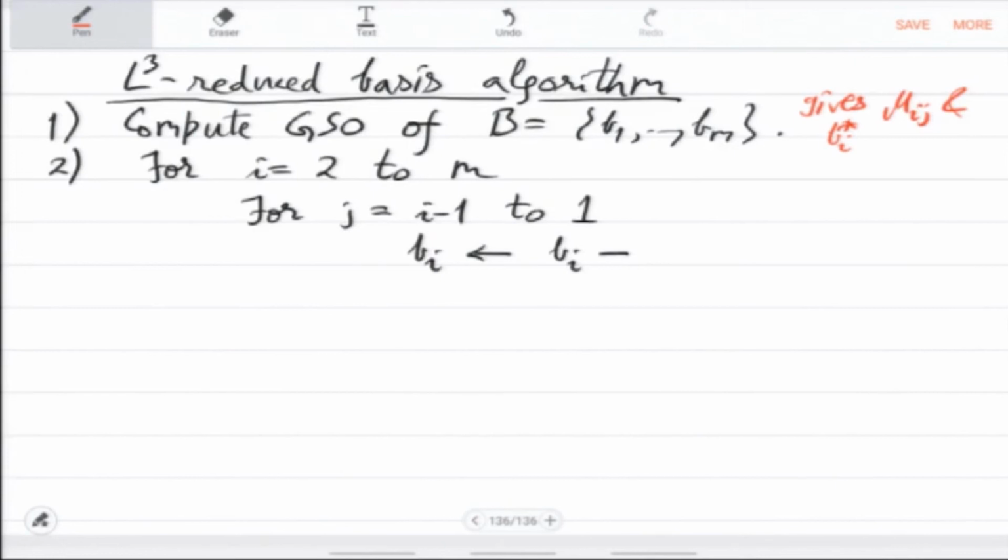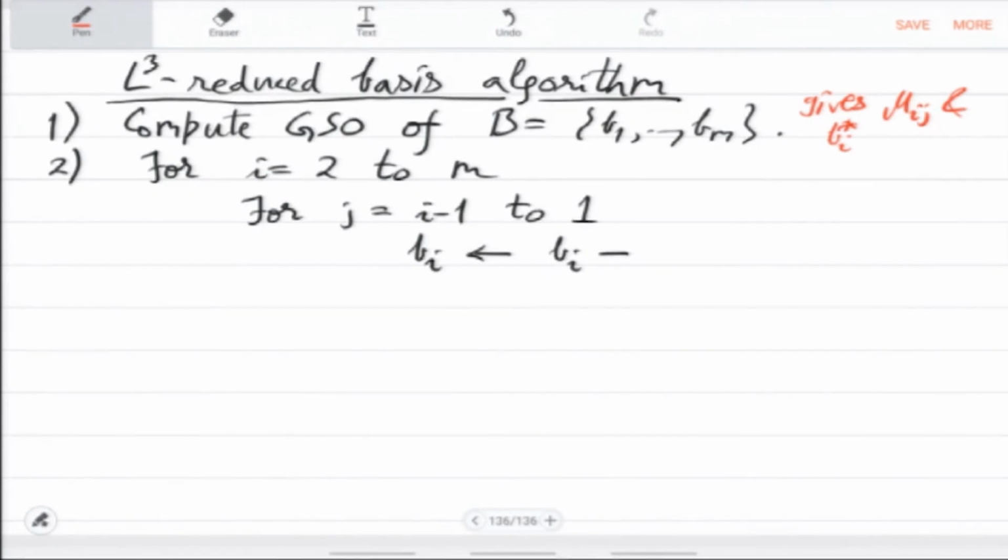So as a first attempt, we will round off mu ij to an integer and just remove that component.